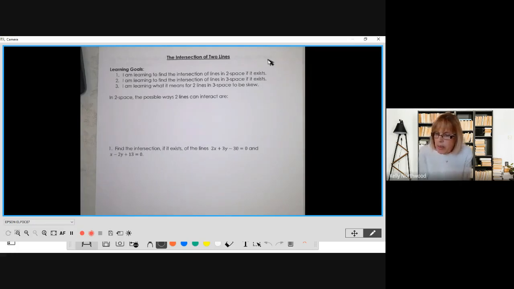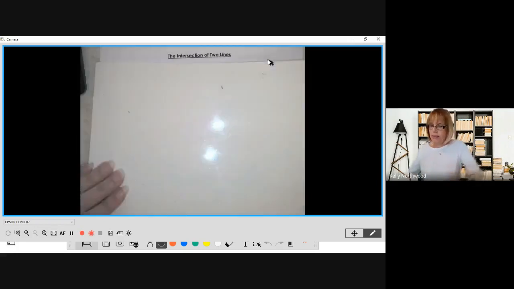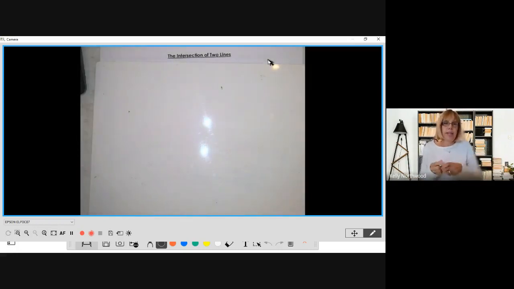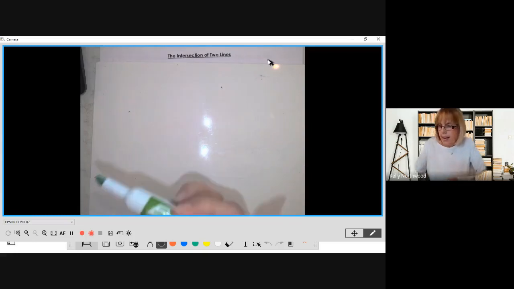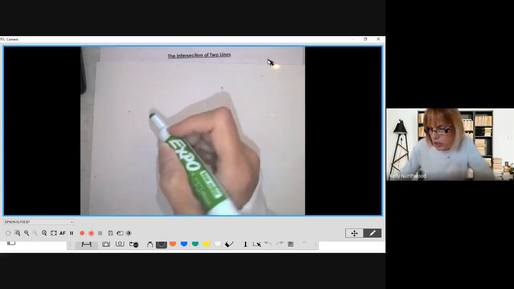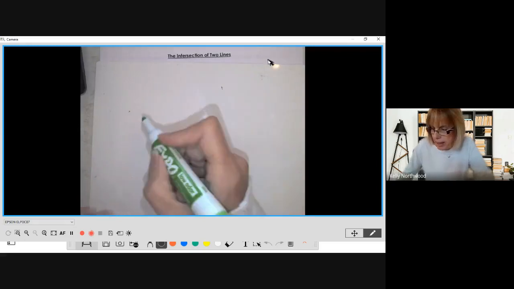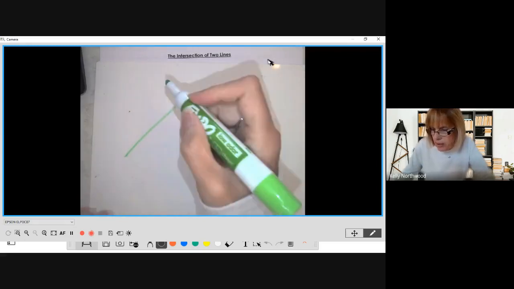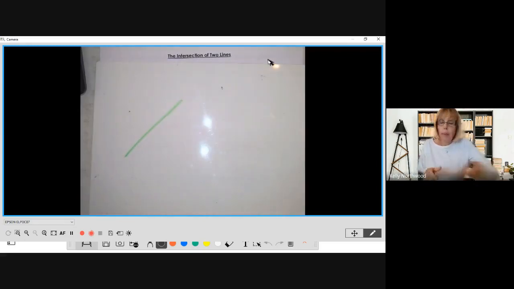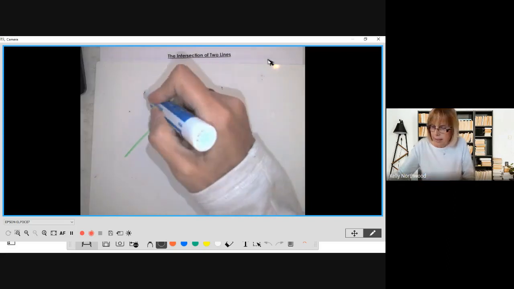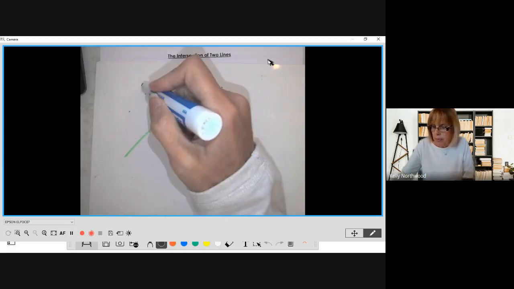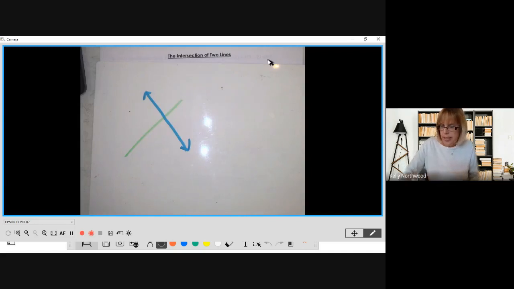So in two space, what are the possible ways two lines can interact? I've got my whiteboard here for those. If you remember them from grade 10, this is just in two space, meaning on a flat plane. You could either have them intersecting at one point, and any lines that aren't parallel will intersect at one point.